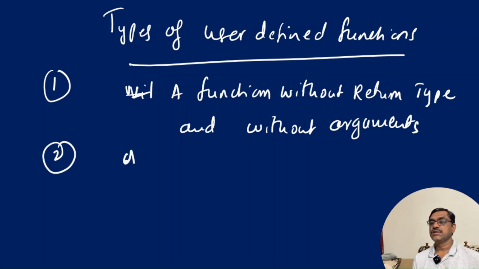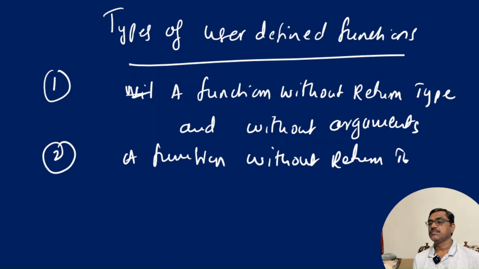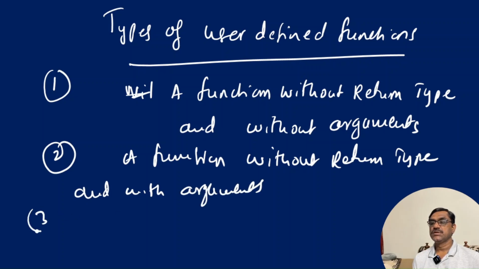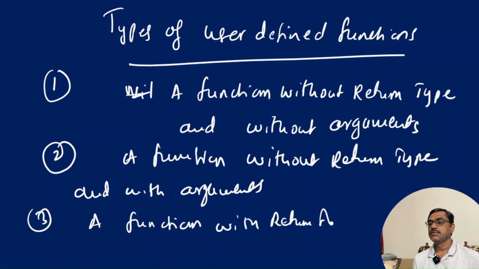The second one is a function without return type and with arguments. The third one is a function with return type and without arguments.